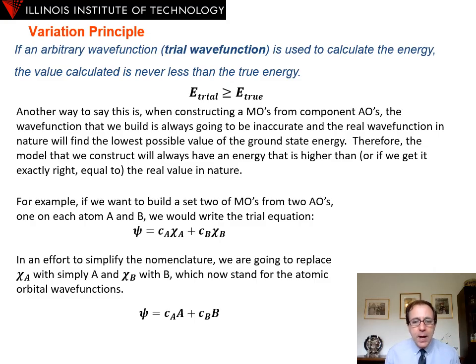That the molecular wave function psi is equal to c sub a times the wave function a plus c sub b times the wave function b. All right, so just bear in mind that as we go through this now, a and b are not constants, they are wave functions. So for the rest of this lecture, we're looking at a and b as wave functions.